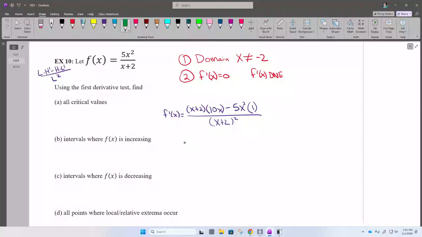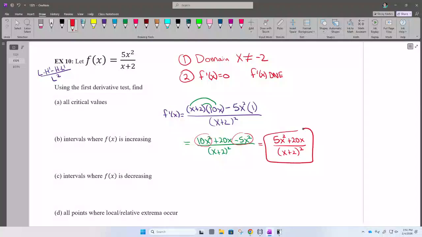So I don't touch the denominator, but I'm going to distribute up here, and I get 10x squared plus 20x minus 5x squared. I can combine those two and end up with 5x squared plus 20x over x plus 2 squared. This is my first derivative.